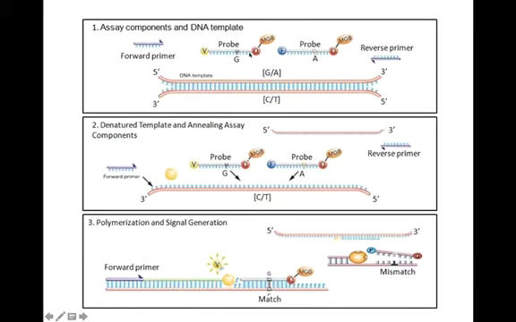One probe specific for the G nucleotide is labeled with the VIC dye, and the other probe specific for the A nucleotide is labeled with the FAM dye, and both the FAM and the VIC dye will emit a different radiation. So upon the proceeding of the reaction, if the detector detects the yellow color dye, for example, the VIC, then it will show that the sample contains the G nucleotide.